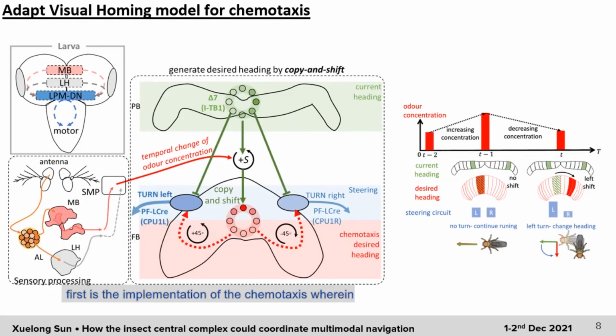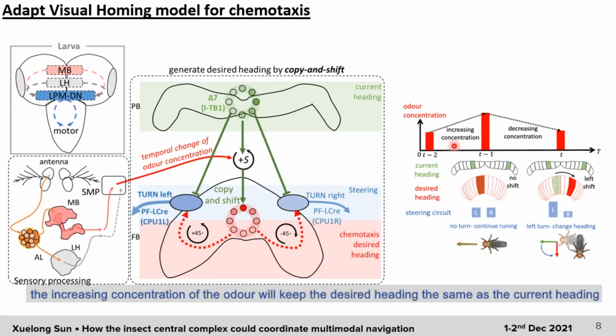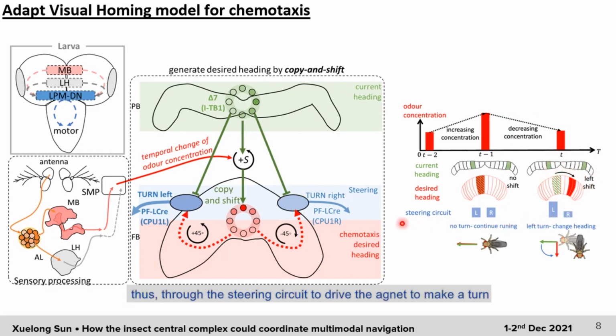First is the implementation of chemotaxis, wherein an increasing concentration of the odor will keep the desired heading the same as the current heading, while a decreasing concentration will trigger the shifting of the current heading to generate the desired heading, thus through the steering circuit driving the agent to make a turn.